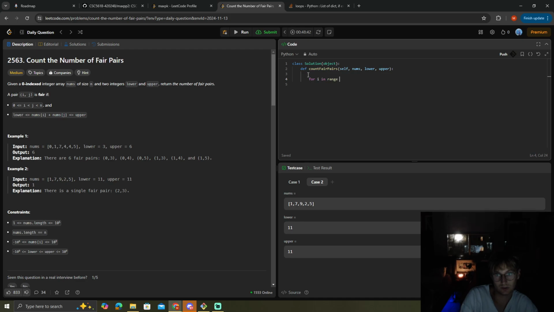For i in range length nums, for j in range length nums.